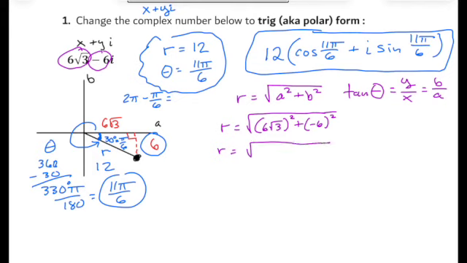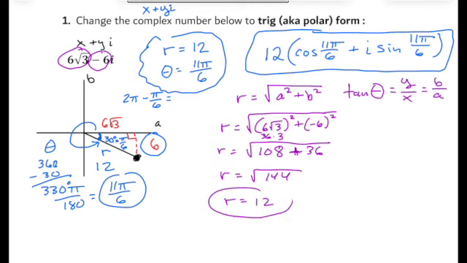But squaring 6 root 3, be careful, that's 6 squared, which is 36, times root 3 squared, which is 3. So 36 times 3 is 108, plus negative 6 squared, as we said, is positive, and 6 squared is 36. And when you add those together, you get 144. And now when you take the square root, we got a perfect square. Square root of 144 is 12.